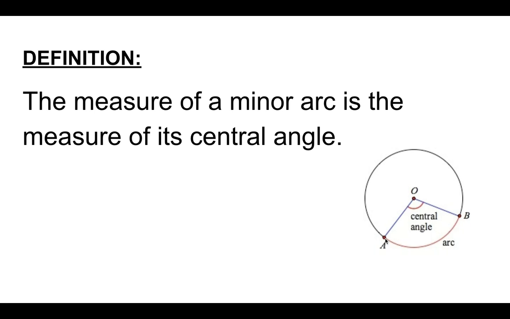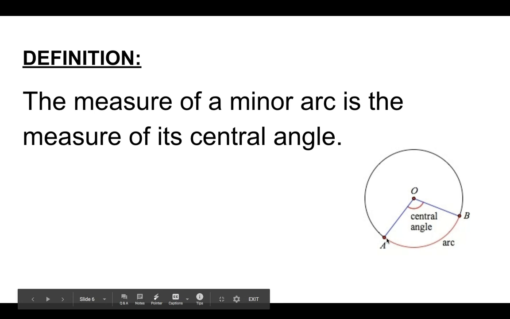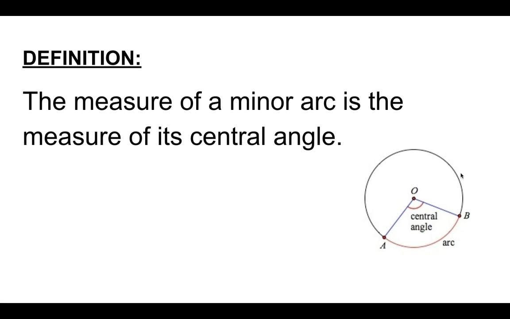If I'm looking at angle AOB versus the arc going from A all the way to B on the outside, obviously the degree of this angle is significantly smaller than the degree of that arc.